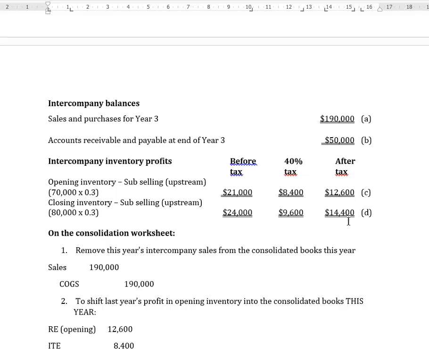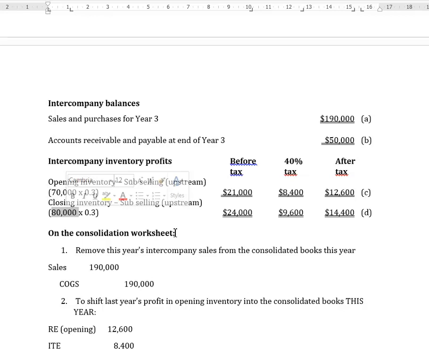Why? Well, don't forget, the sub has legitimately booked this pre-tax and after-tax profit in its net income. There's not a problem with their separate entity books, but the consolidated entity can't recognize any of this profit until the parent unloads the $80,000 in goods to an outside third party, and that won't happen until year 4.